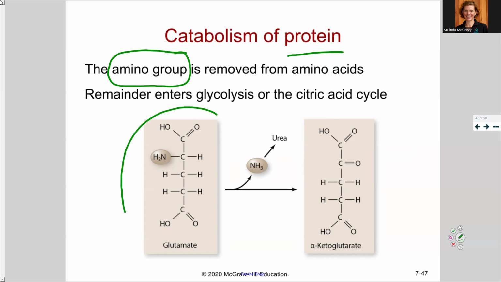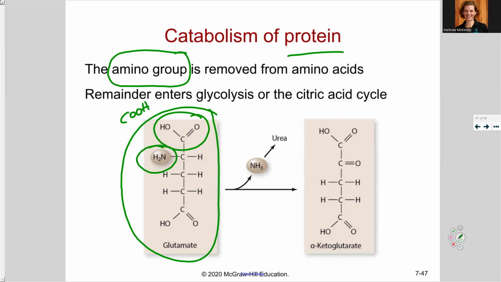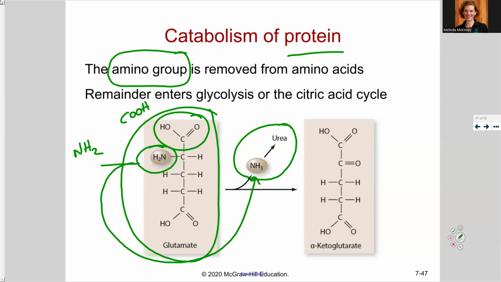So here is an example of an amino acid. It's got a carboxyl group over here, COOH. It's got the amino group here, NH2, right? So the amino group is combined with another hydrogen. It is released and that becomes urea.